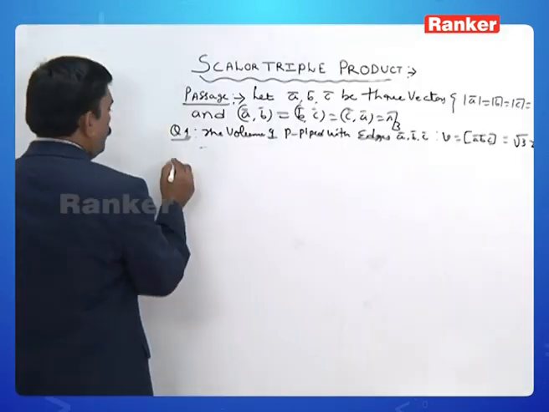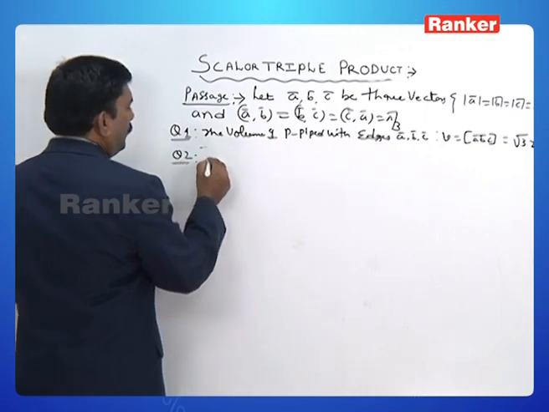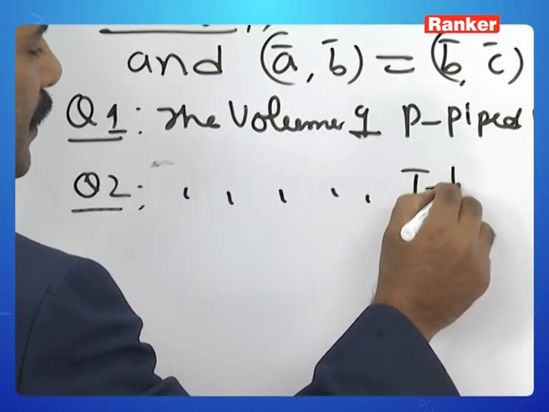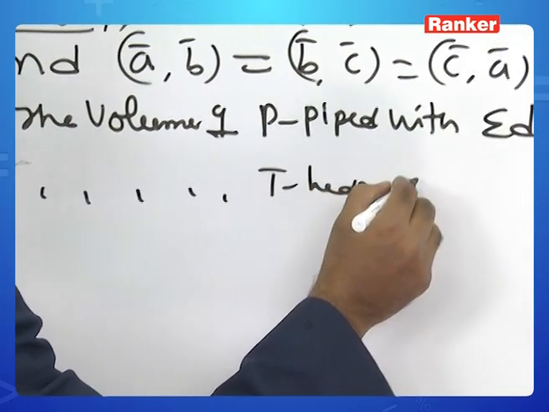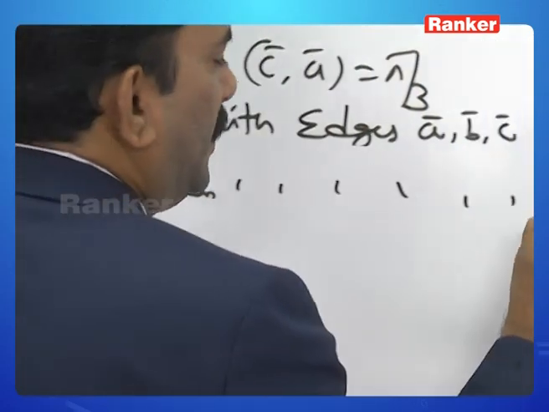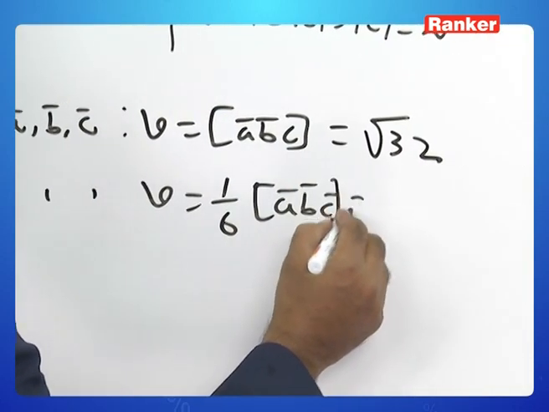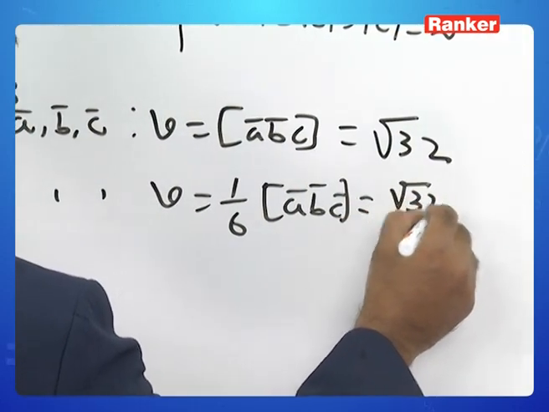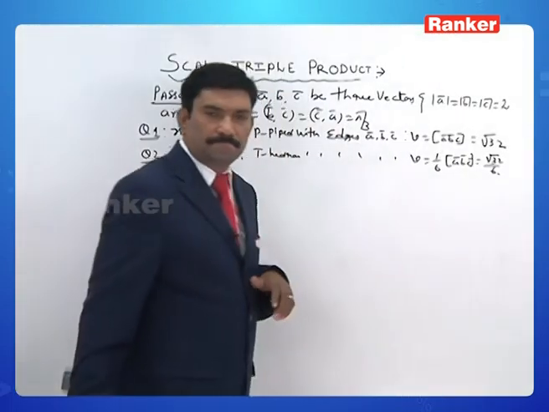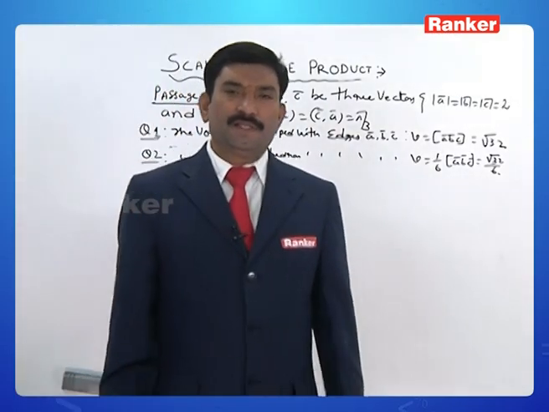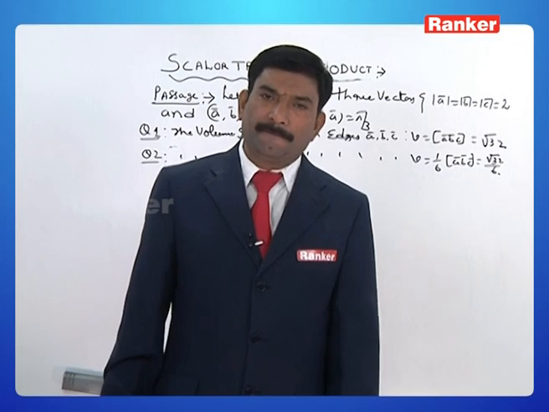Next, question number 2. The volume of a tetrahedron with the edges A bar, B bar, C bar is 1 by 6 into box of A bar, B bar, C bar, which is root 32 by 6. That's the second question.